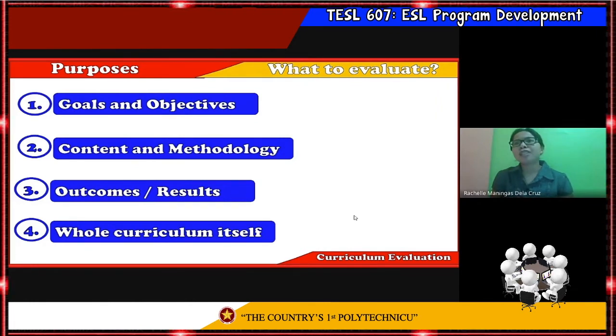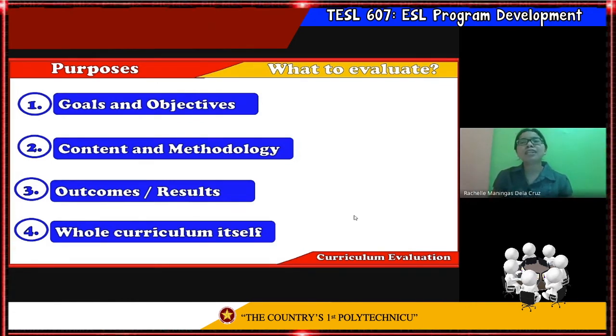So the methodology must also be evaluated to find out whether they are appropriate or not to the level of the students, or if there's a need to change the teaching methods to maximize the learning.